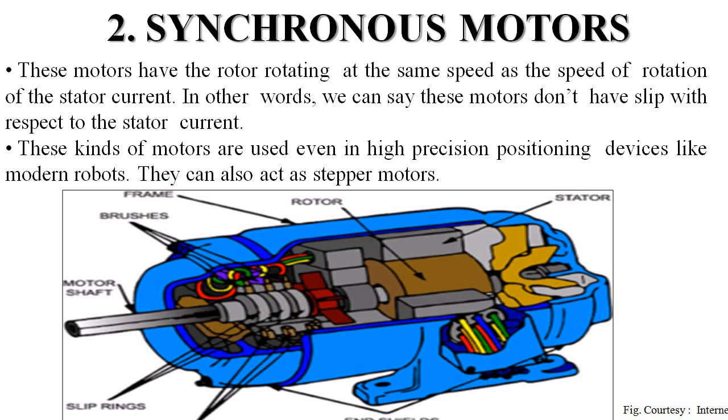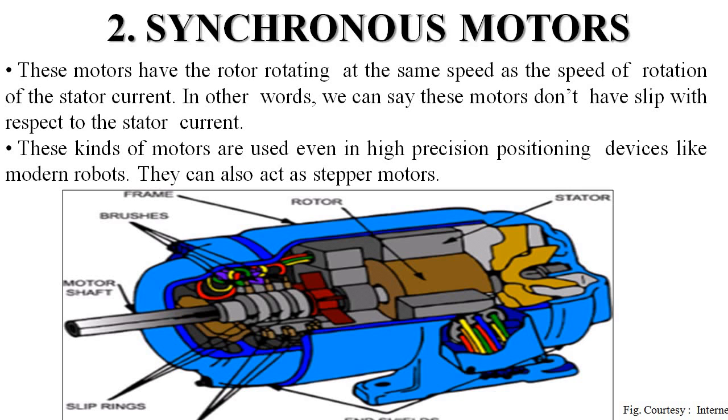The next type is synchronous motors. These motors have the rotor rotating at the same speed as the speed of rotation of the stator current. In other words, these motors don't have slip with respect to the stator current.